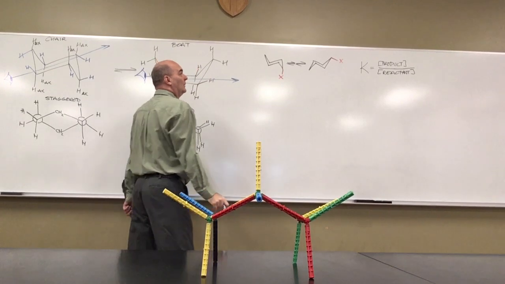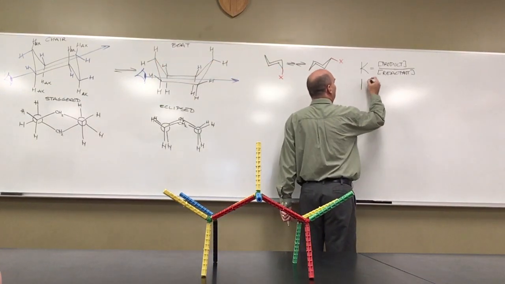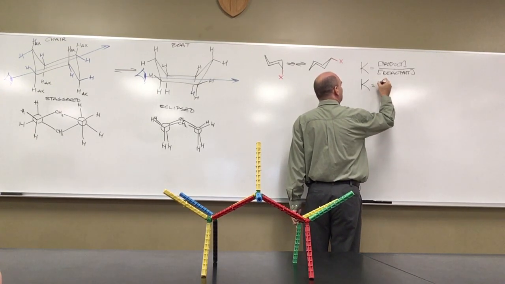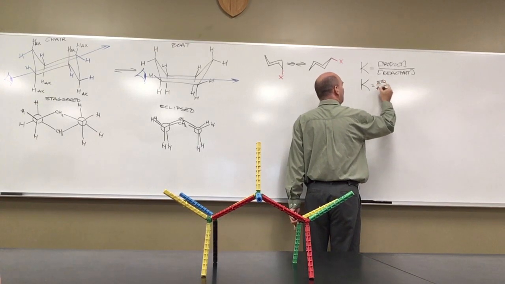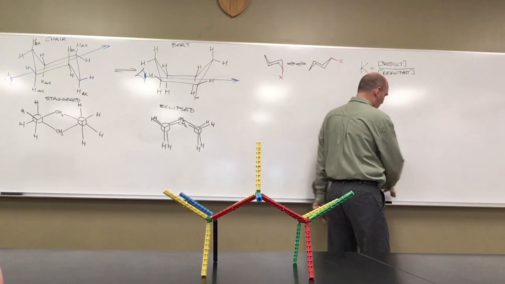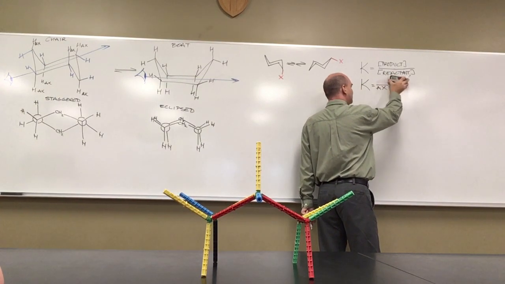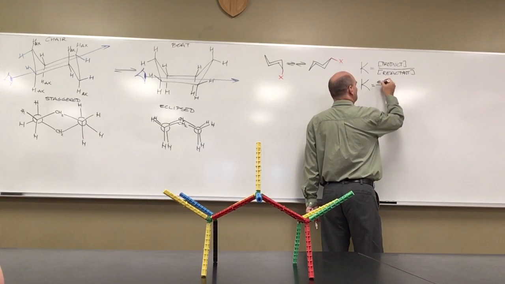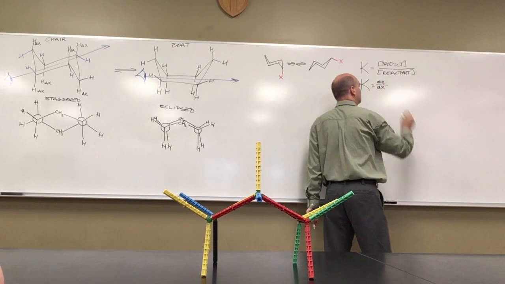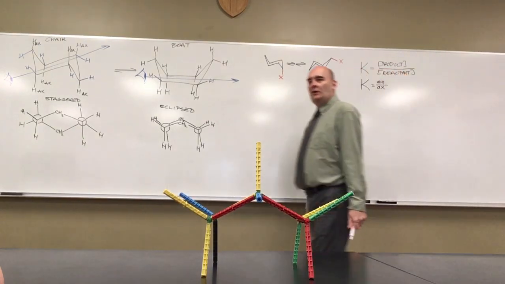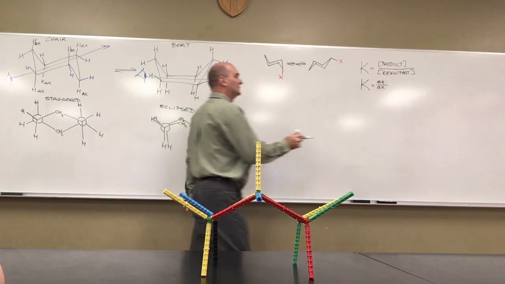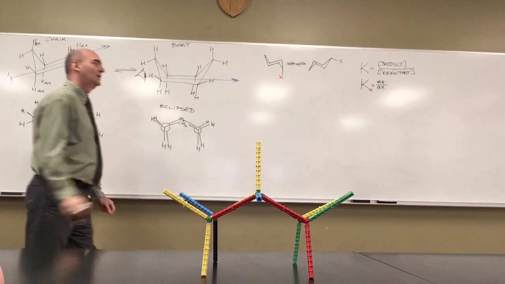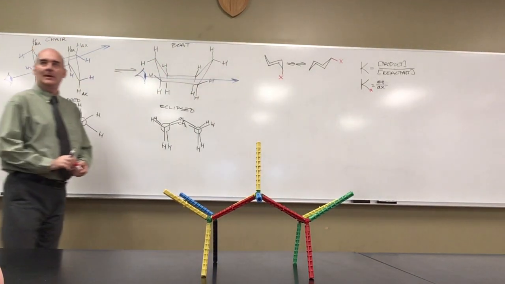For us, we can write an equilibrium constant that tells us the preference of my group X to be in the equatorial position over the axial position. Okay.